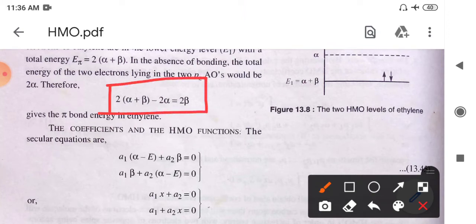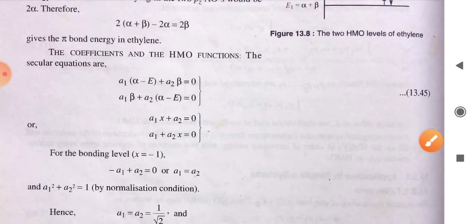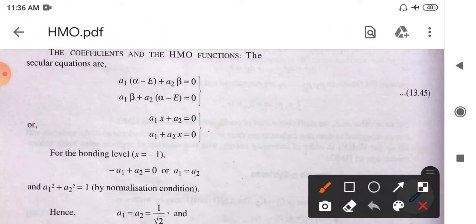Having given the pi bond energy in the ethylene molecule, the next term is how to find the coefficients of the HMO orbitals. In order to find the coefficients of the HMO orbital, we need to solve a matrix multiplication.